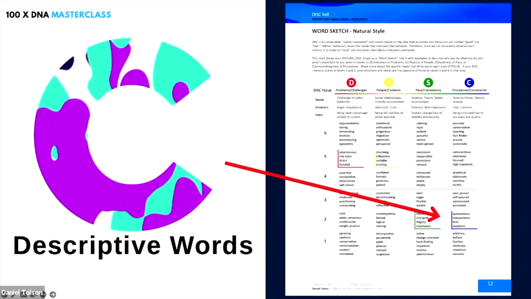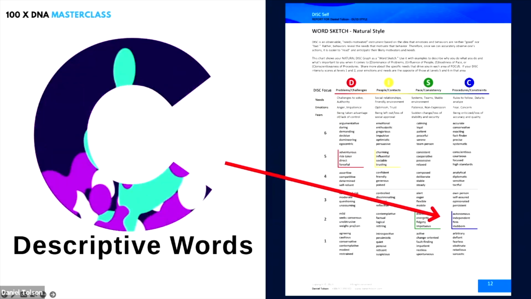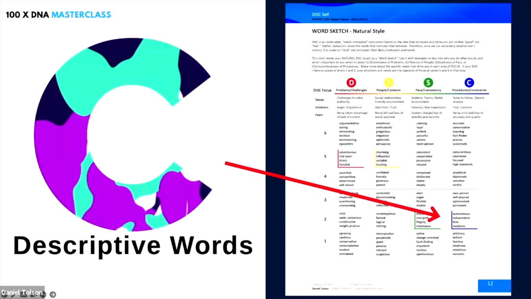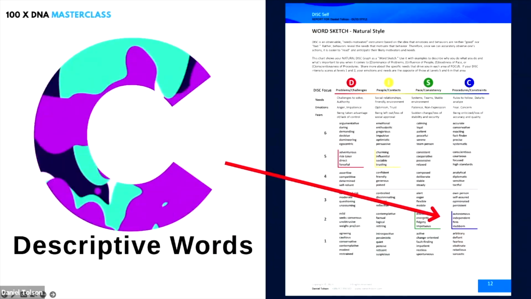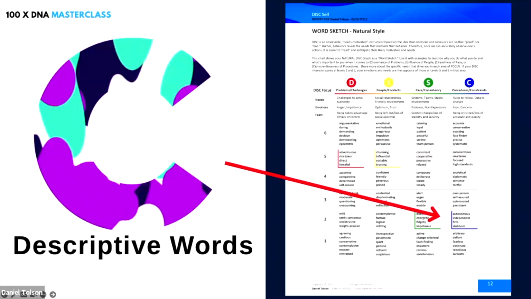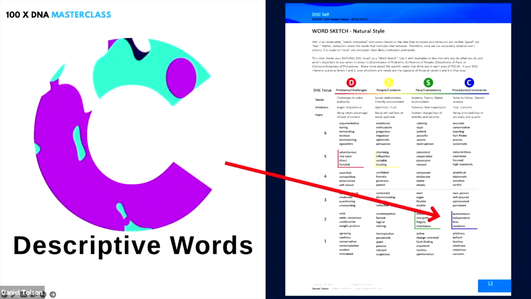What is your descriptive word? What is that word that describes you?